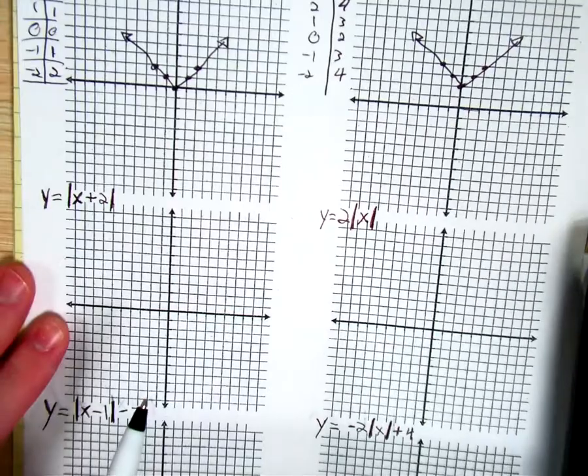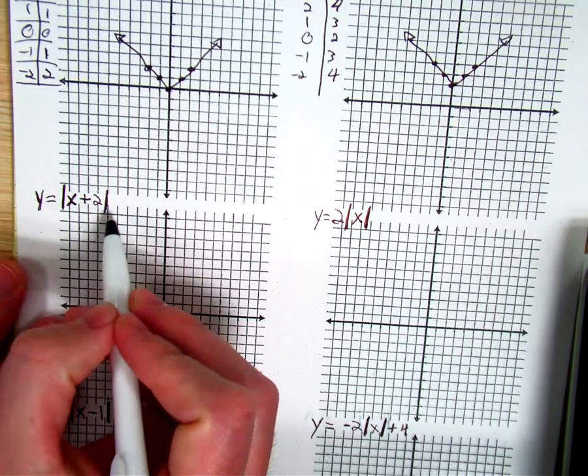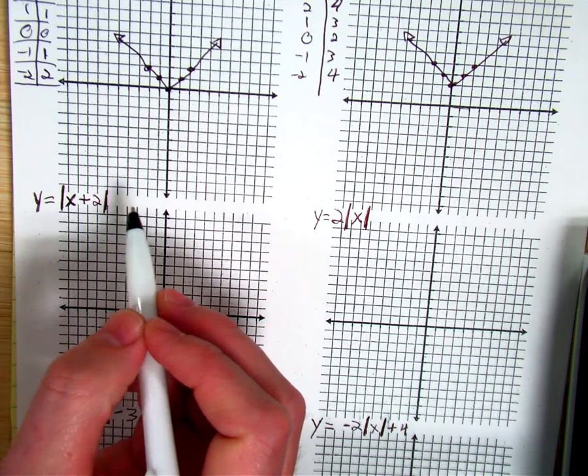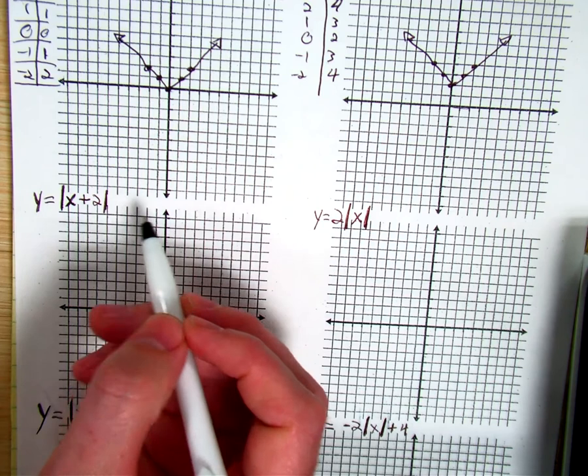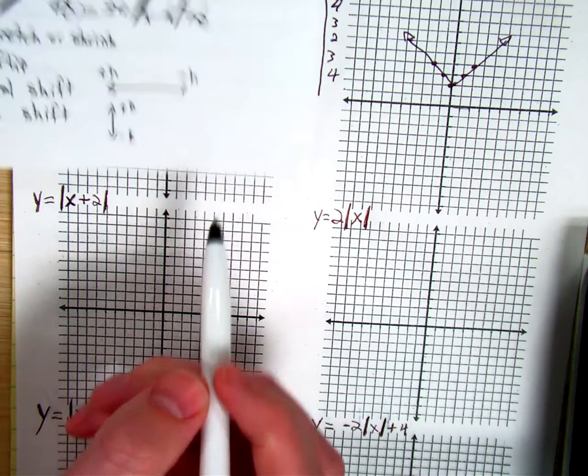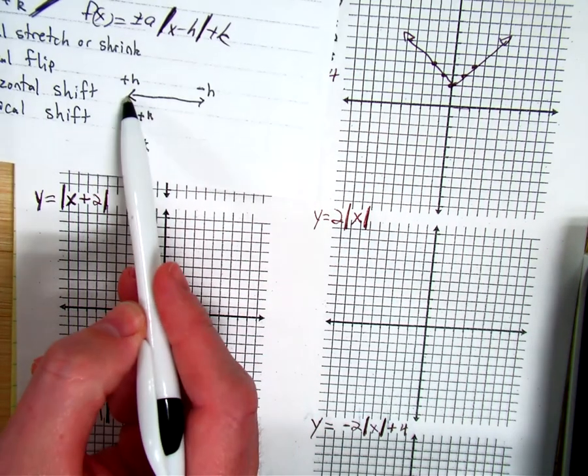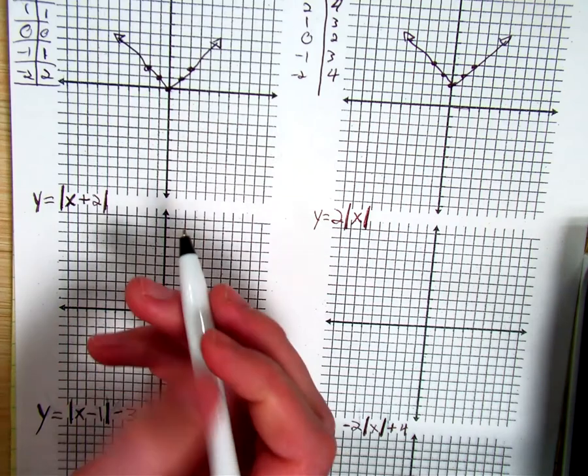What about a plus 2 in the middle? According to our sheet on the other side, the middle moves things left and right, and a plus is actually going to go left.